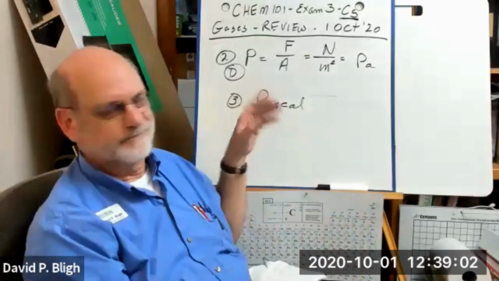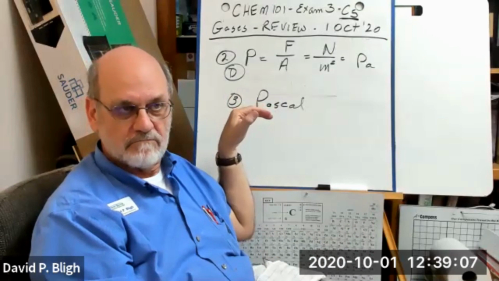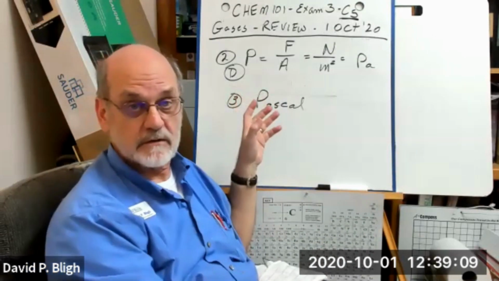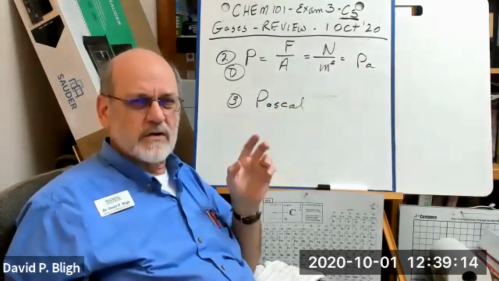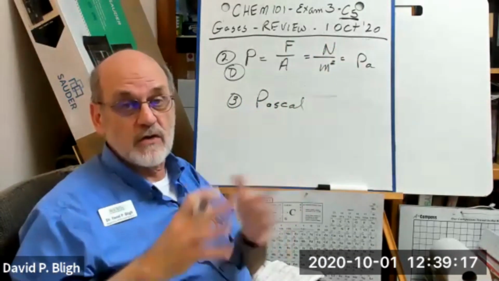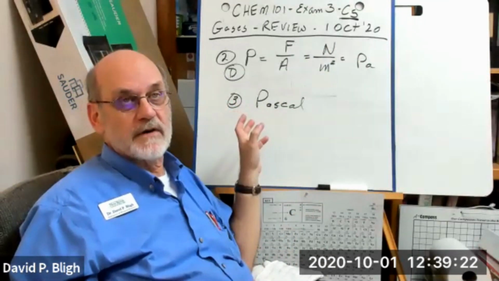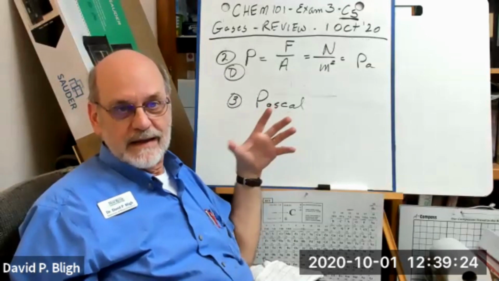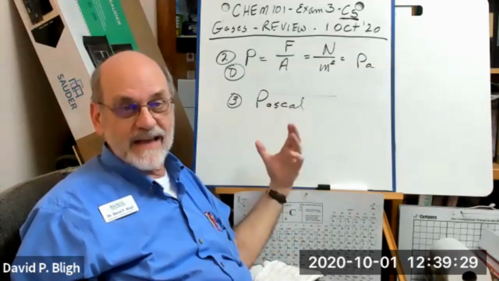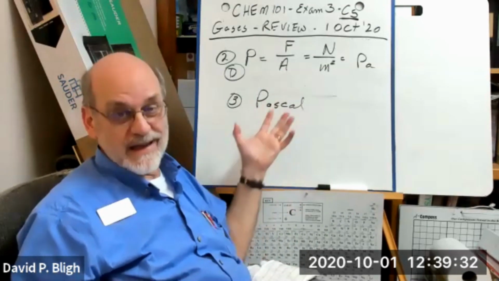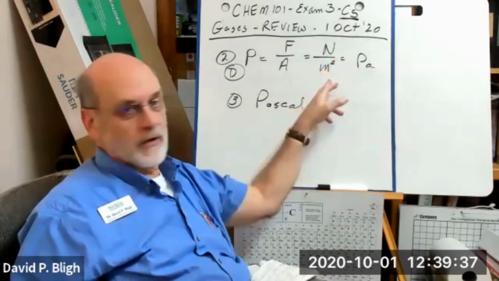Now it's nice to assign persons' names to values like this, like the Newton or like the Pascal. But when you start doing dimensional analysis and you need to cancel units, you've got to know what that means. Because if you have pressure in a calculation and there's no other unit in there to cancel pressure, then you got to keep it, unless you understand what the Pascal means, newtons per meter squared.